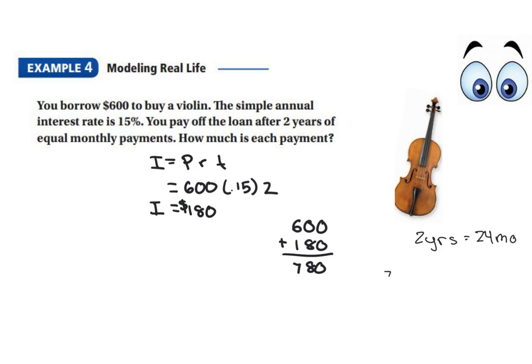So you're going to take your $780 that you owe, and you're going to divide that by 24. So $780 divided by 24 equals $32.50 per month for 2 years.